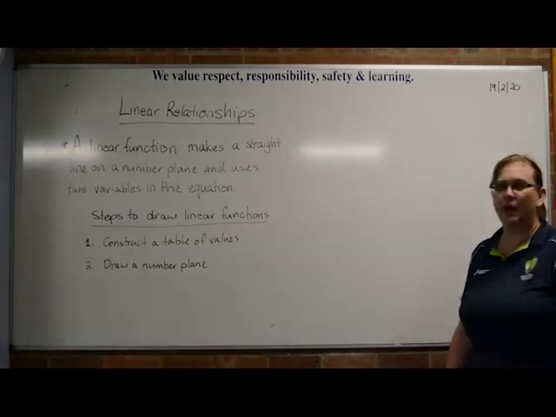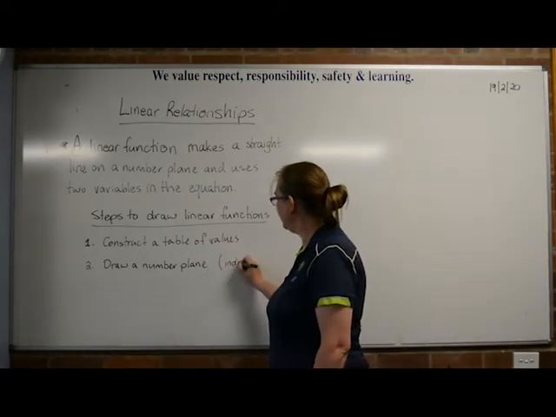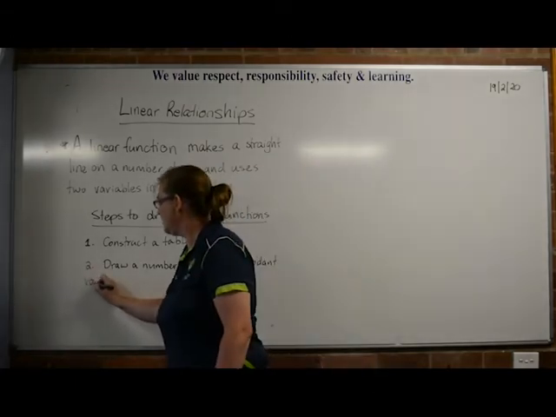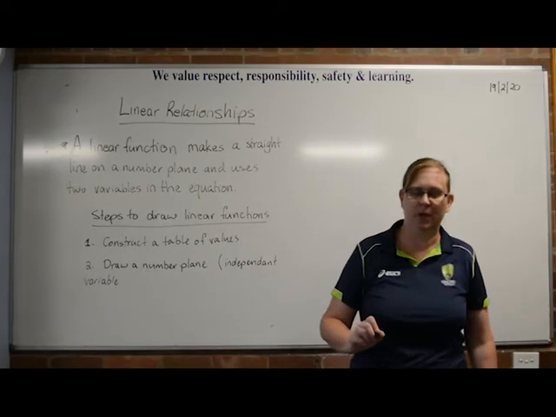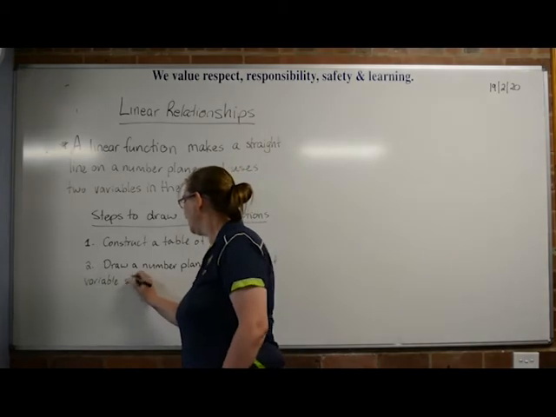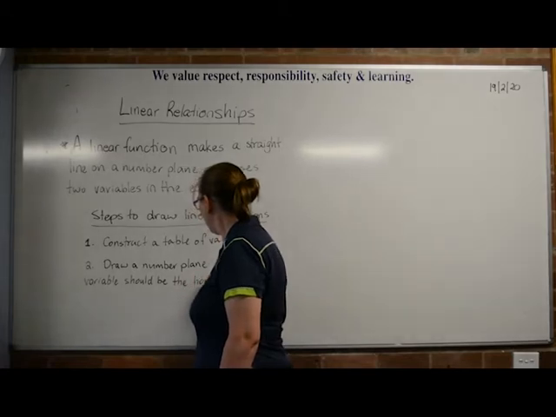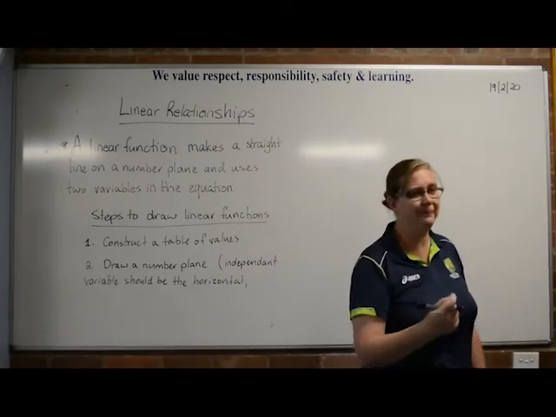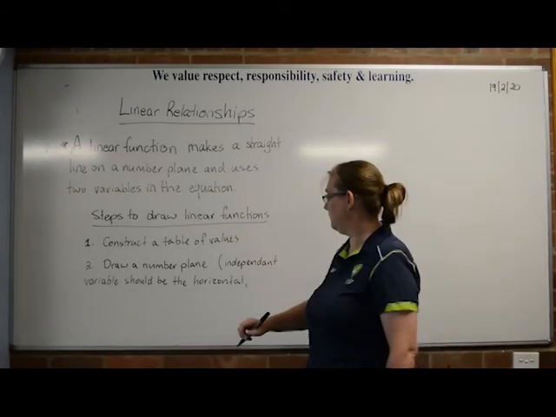One thing to remember with number planes, the independent variable should be the horizontal. Which makes the dependent variable, the one that depends on what happens with this one, the vertical.